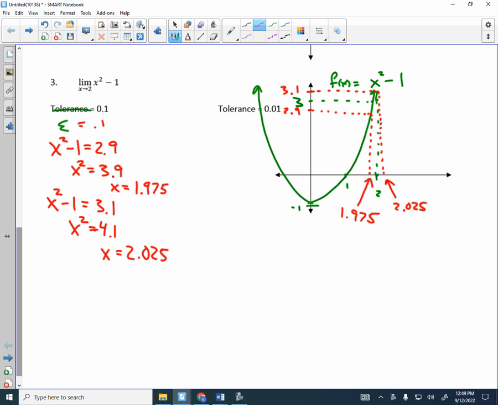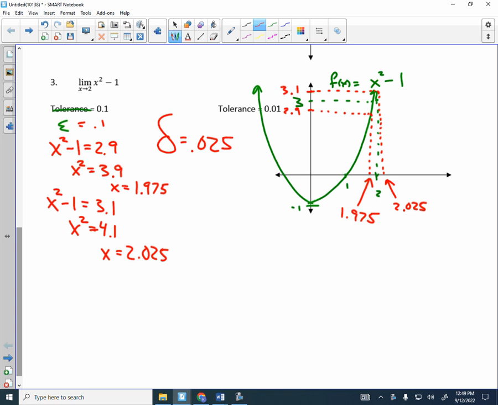So true or false? Delta is 1.975. False. Delta is the distance from 2 to 1.975 or from 2 to 2.025. So we technically take the smaller one. We could carry out the decimals to actually see which one is smaller, but for the sake of this class right now, can we just say that delta is equal to 0.025?